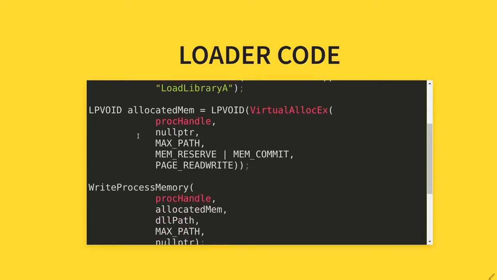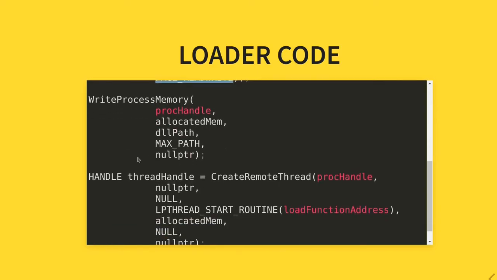Next, you're allocating memory inside of the target process. You're allocating MAX_PATH bytes and you make it writable. Next, you're writing to this process memory and you're writing the path to your DLL into it.